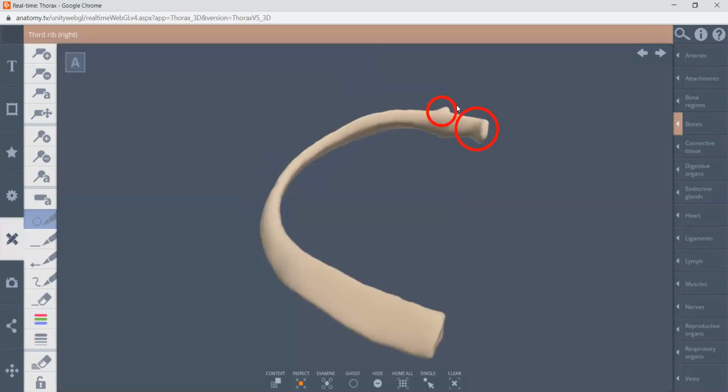Now, this end of the bone is what articulates directly with the thoracic vertebra. So the head, this bit here, articulates directly with the vertebral body, and that creates something called the costovertebral joints. And this part here directly articulates with the transverse process, the bit that sticks out the side of the vertebra.